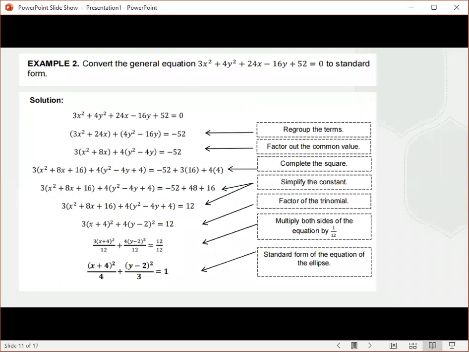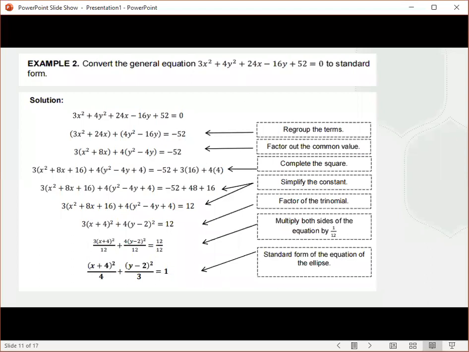Let's convert this general equation to its standard form. We have here 3x squared plus 4y squared plus 24x minus 16y plus 52 is equal to 0. Converting it, all we need to do is regroup our terms first. As you can see here, we grouped all the x's and all the terms containing the variable y, and this is equal to negative 52.